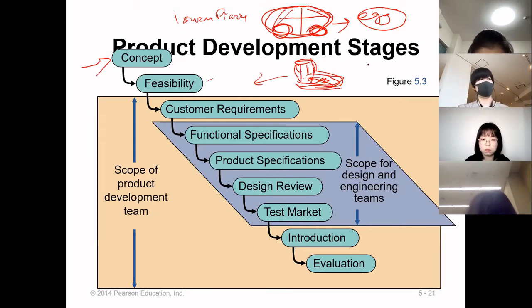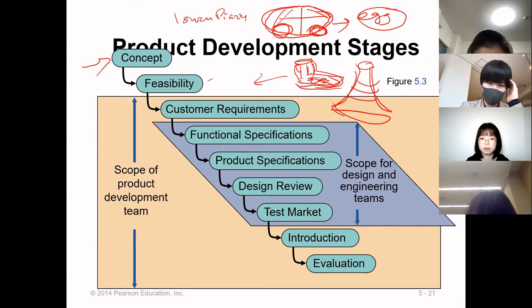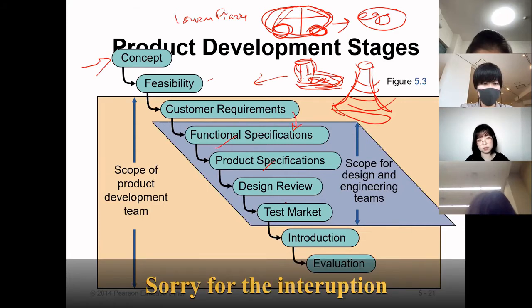In Kuala Lumpur, there is a building which is small at the top. So customer requirements, and then it will move to functional requirements. The customer requirement will be translated into functional specifications, and then product specification.